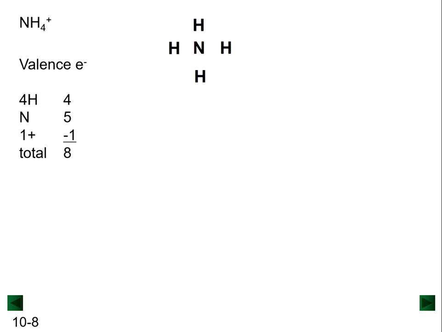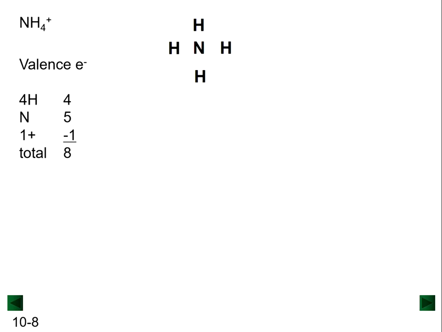Next up, we have another polyatomic ion, ammonium ion. Ammonium ion has the nitrogen in the center surrounded by the 4 hydrogen atoms. So on this, we can do our electron count. Our total valence electrons are given by the following equation.